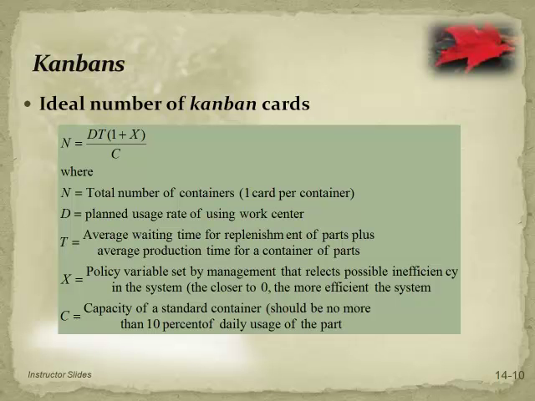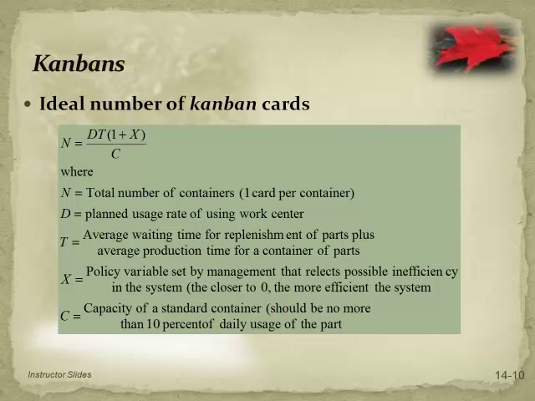X is a variable that represents essentially safety stock. Your textbook refers to it as a variable set by management for possible inefficiencies. Well, isn't that what safety stock is all about? To protect you against certain uncertainties.